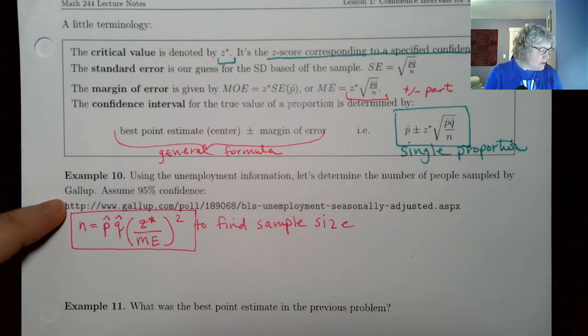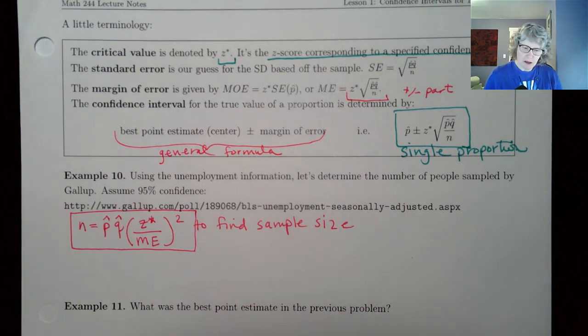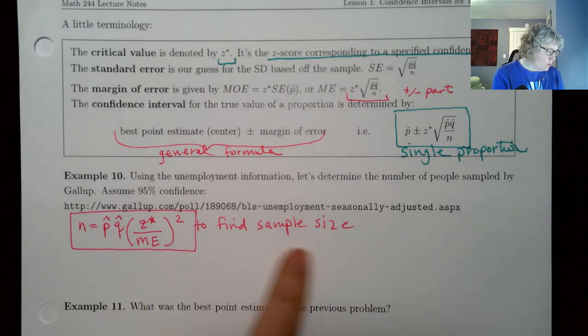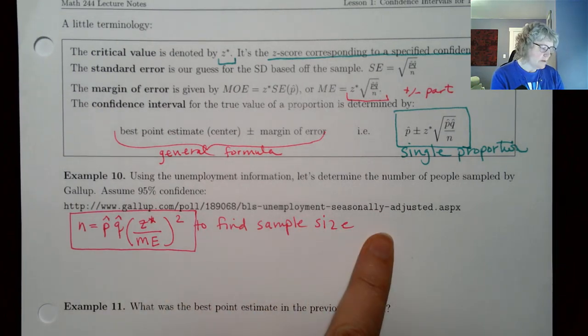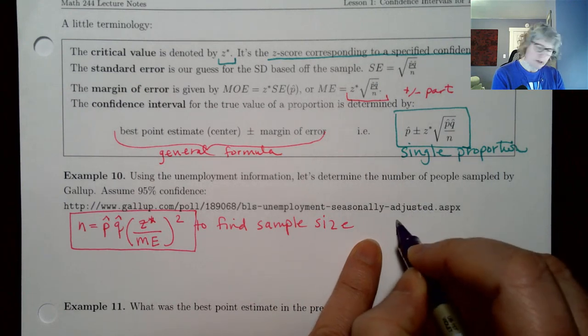Okay, so I went to this link, and it's kind of an older link. So I'm going to give you some numbers that I think was what the person who made these notes intended. So we're going to use this formula to find the sample size. And this is an unemployment rate.